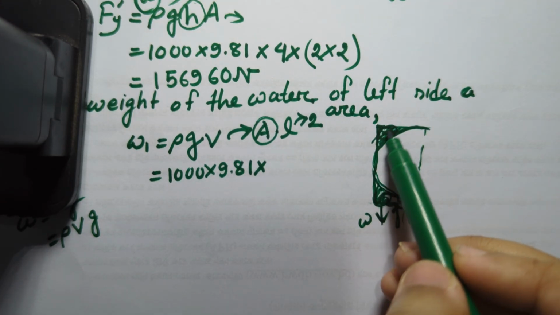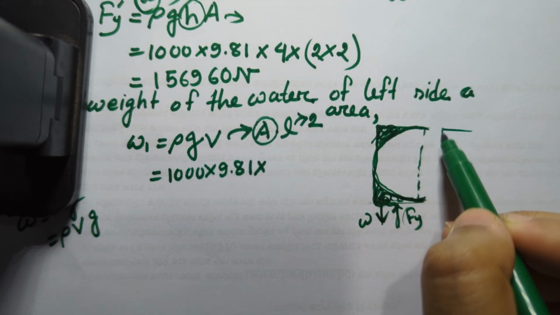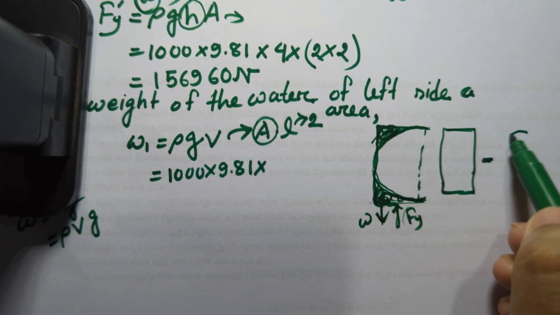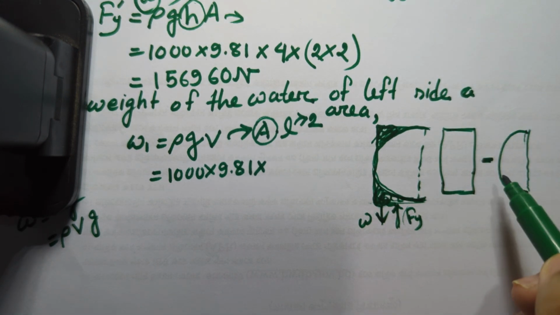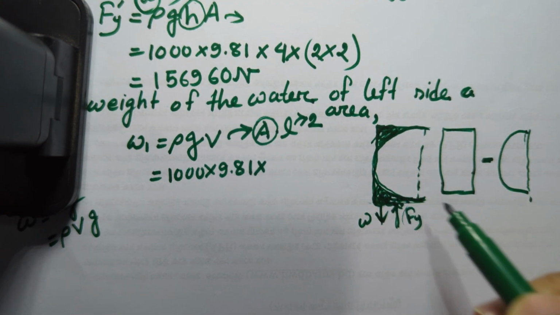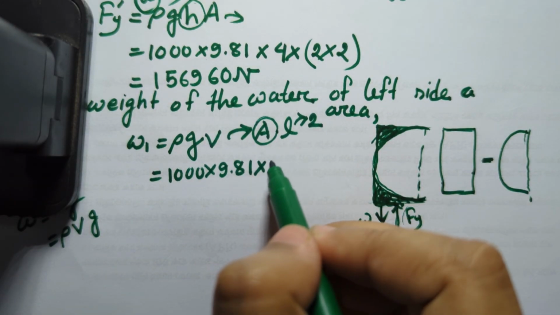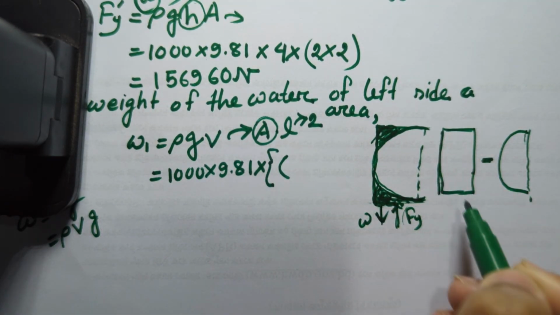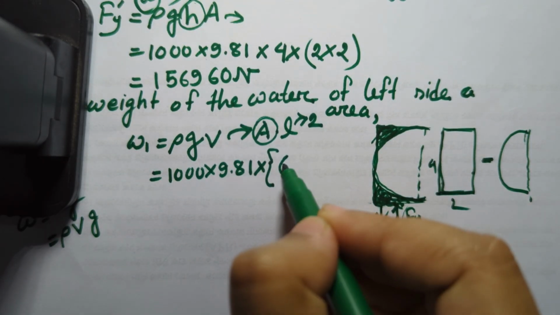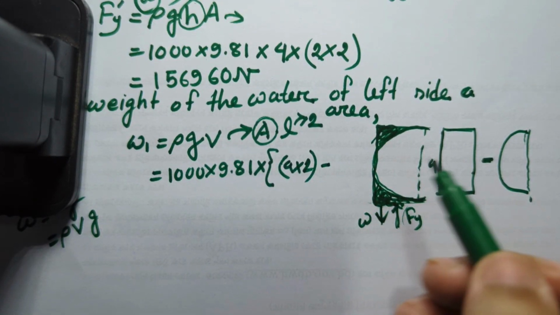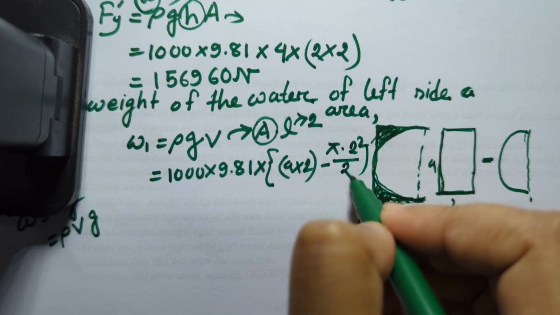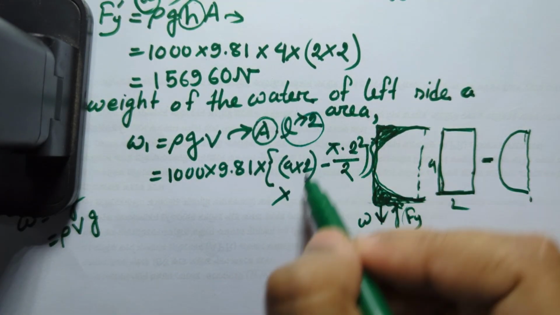Then we will get the area of this portion. So the area will be the rectangle, 4 in diameter and 2 in length, means 4 into 2, minus the half circle, pi r squared divided by 2, into length 2.